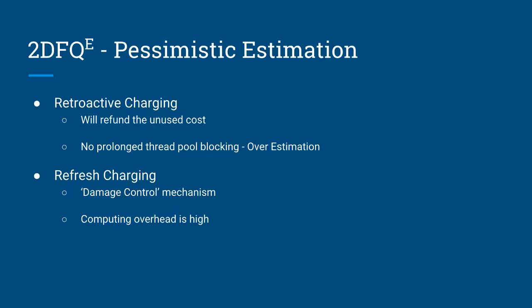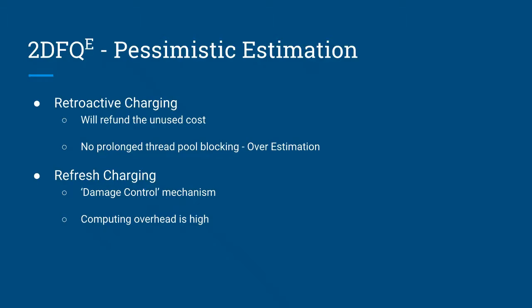It is important to have a good cost estimator to avoid bursty schedules in the short term. The retroactive charging will refund the unused cost to the tenant, thereby guaranteeing that it will receive its fair share in the long run. And most importantly, overestimation does not cause prolonged thread pool blocking for other tenants.